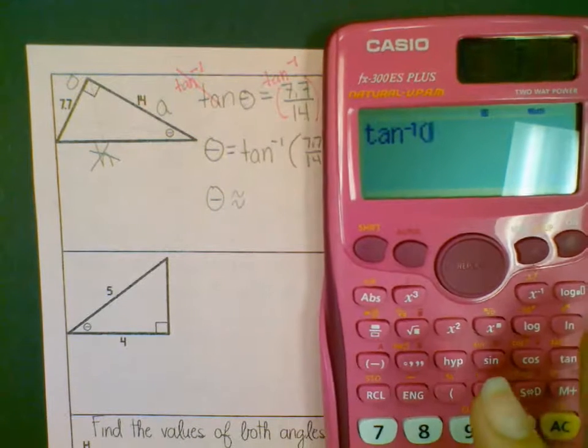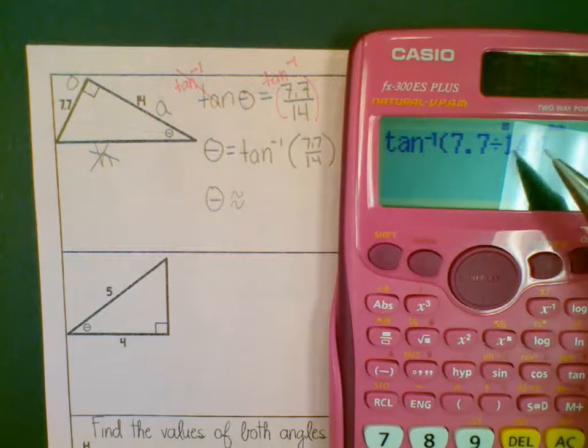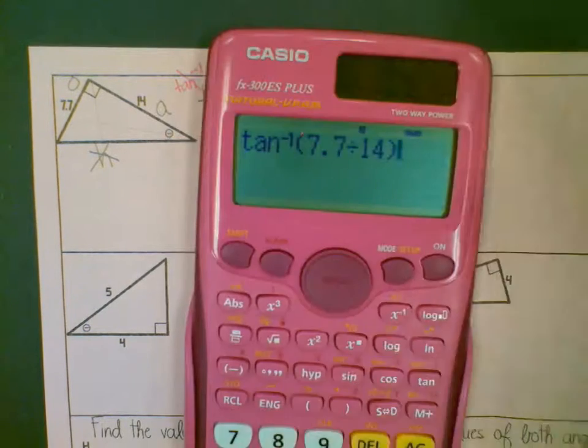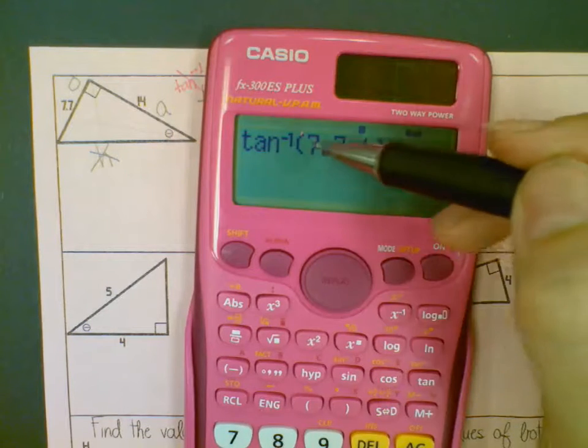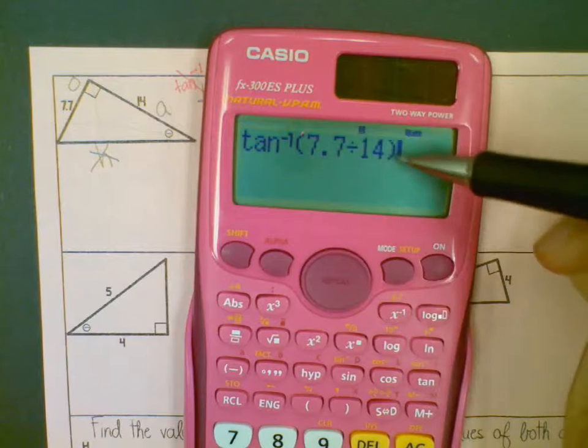Okay, so then we would have what's in our parentheses, and in our parentheses is 7.7 divided by 14. And I know last time I said that sometimes you don't have to add that extra parenthesis, but for these I would make sure you always add it because we are taking the tangent inverse of that division, not just of 7.7.